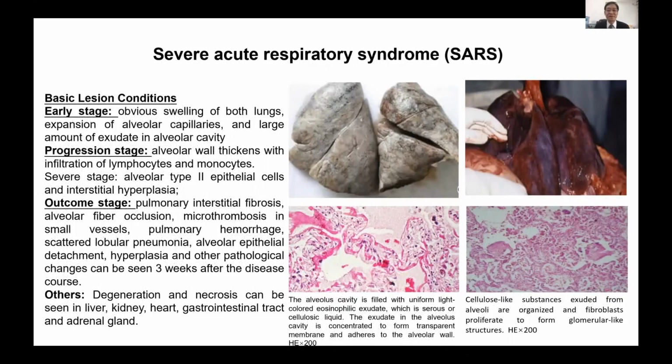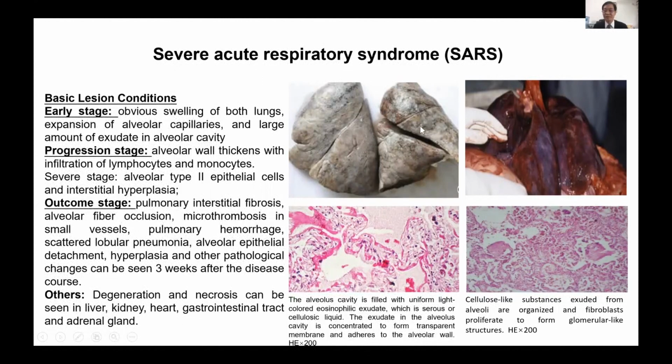Basic conditions, including pathology manifestation, are included: early stage, progression stage, outcome stage, and others.